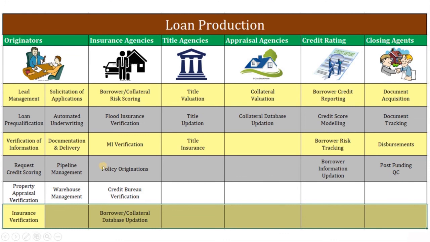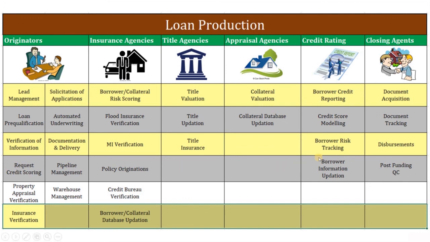Insurance agencies help the lenders perform the risk scoring of the borrower and do mortgage insurance verification. Title agencies do the title verification, making sure the property being sold belongs to that person.